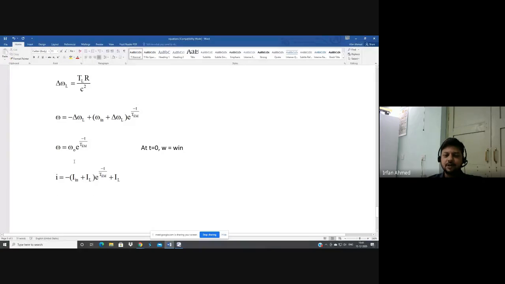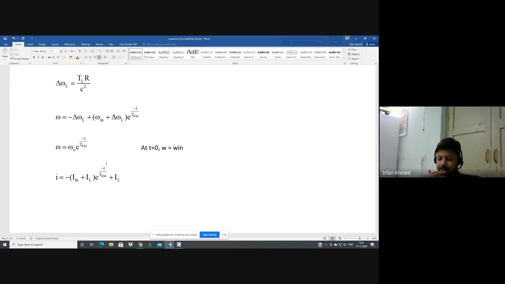If we similarly find out the equation for current, this is the equation for current. You can draw the graphs. You will see once again that as soon as you initiate dynamic braking, and if you neglect the armature inductance, the armature current will reverse instantly.